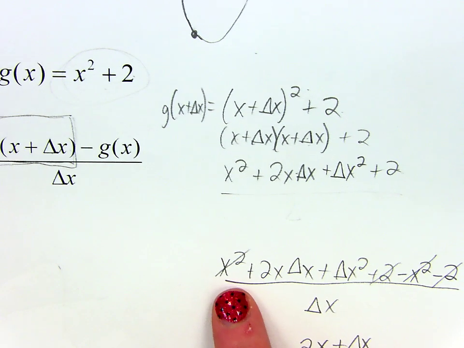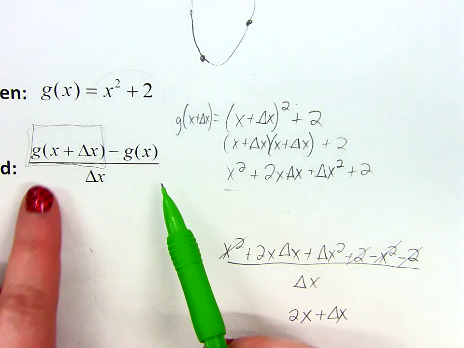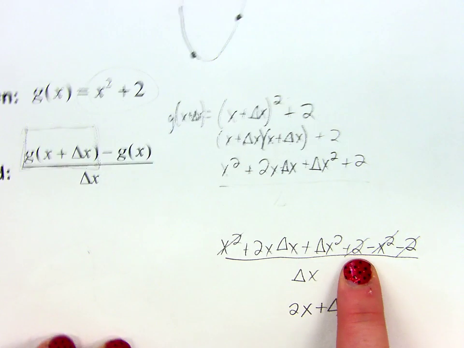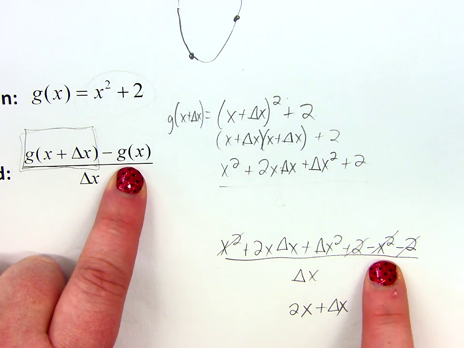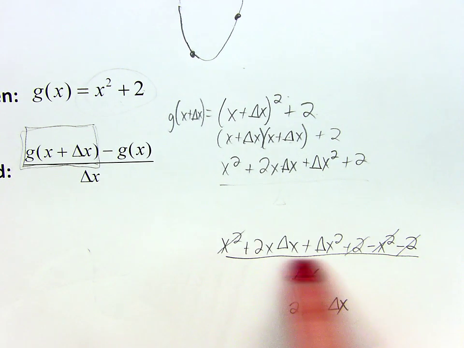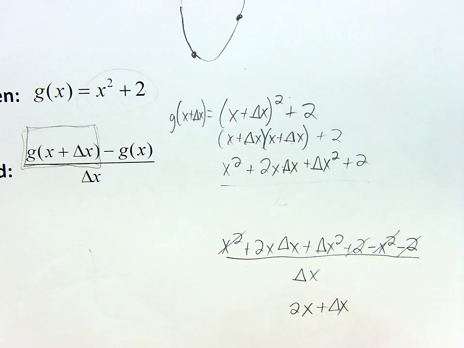I'm going to take that whole chunk and subtract the original function from it. So that's what I did here. So the g of x plus delta x is my answer. It's just right there. And I need to subtract the original function from it. So it's minus x squared minus 2.